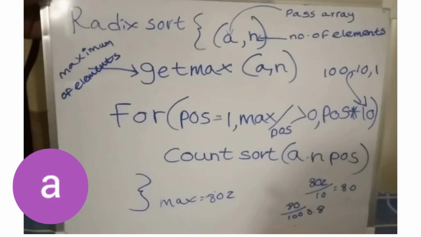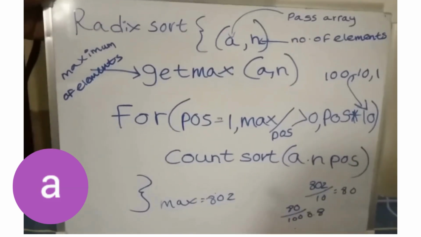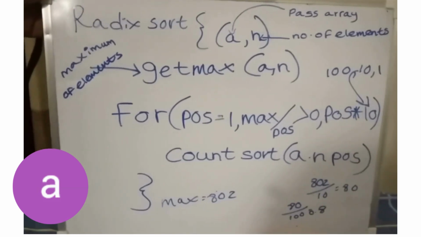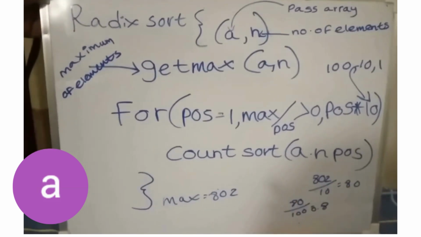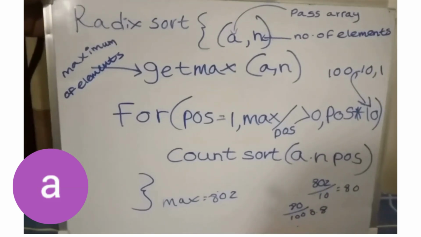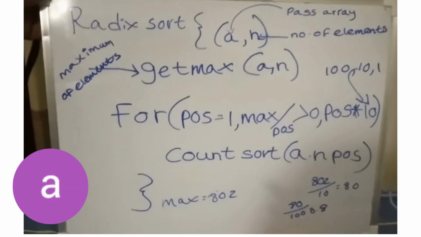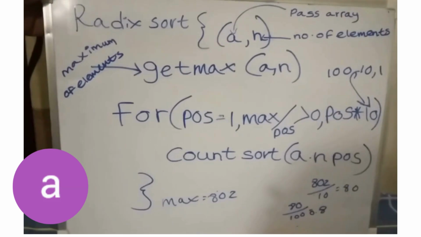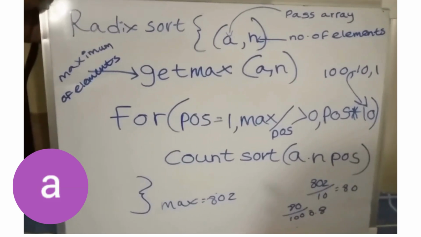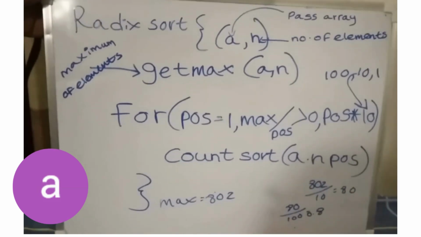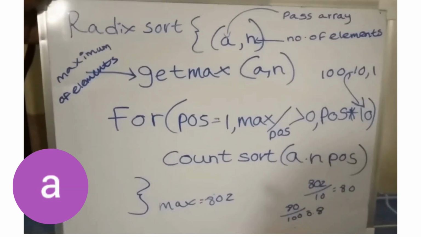So first we have to divide 802 by 1, because we are checking for the first place now. Max means 802 divided by pos, and firstly we had pos equals 1. What's the answer? 802 divided by 1 is also 802. Yes, it is greater than 0.